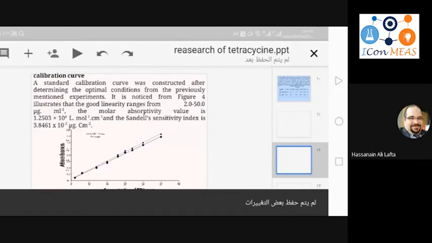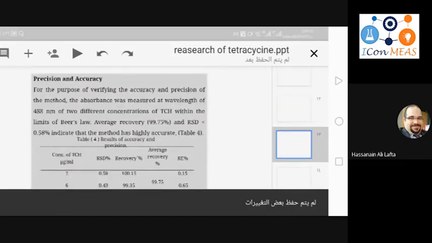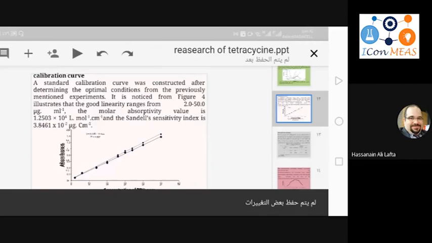It is noticed from figure 4 that there is good linearity in the range from 2 to 50 microgram per mL, the molar absorptivity value is 1.2503 by 10 power 4 liter mole minus 1 centimeter minus 1, and the sandell sensitivity index is 3.8461 by 10 minus 2 microgram centimeter minus 2. The result is shown in the curve.